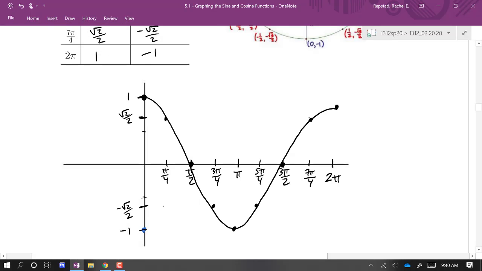There, we're at negative root 2 over 2, we're still at 0 there, positive root 2 over 2, positive 1, and this looks like this.